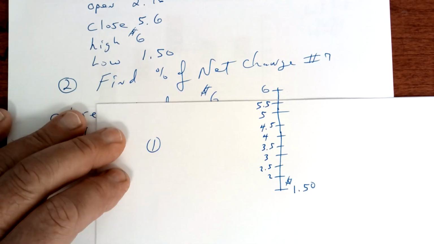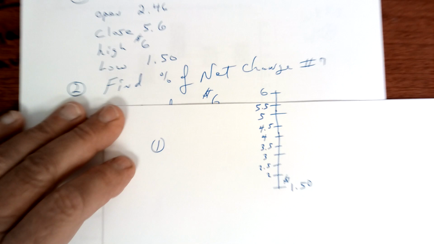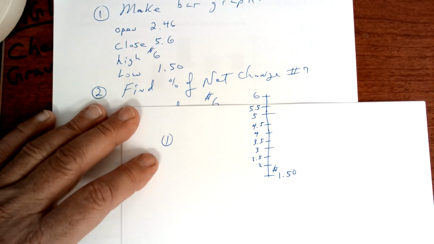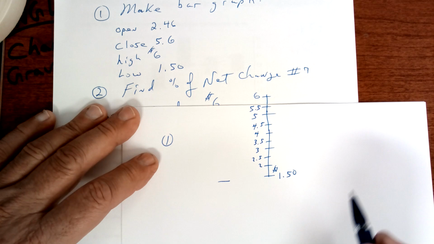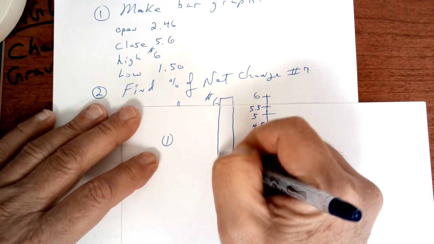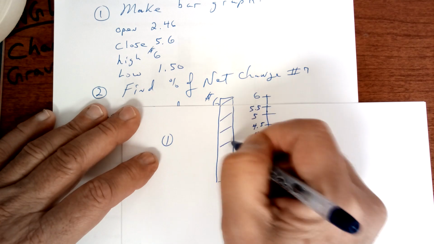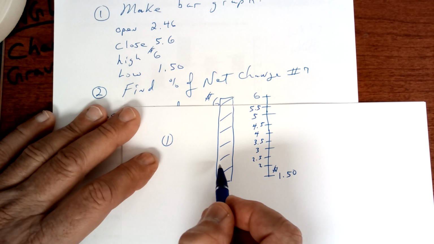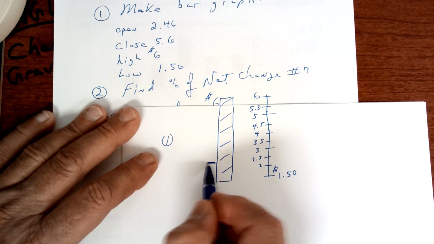So anyway, the low, make this a little smaller, the low is $1.50. So you're going to start here. The high was $6. The open was $2.46, so $2.46 is about here, almost $2.50.